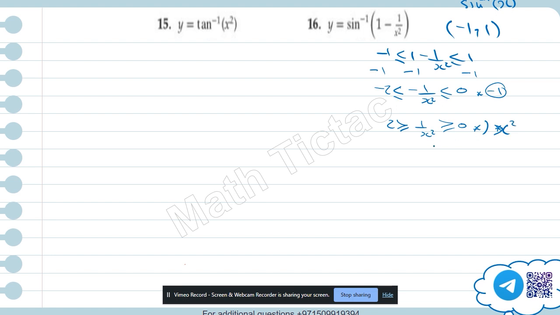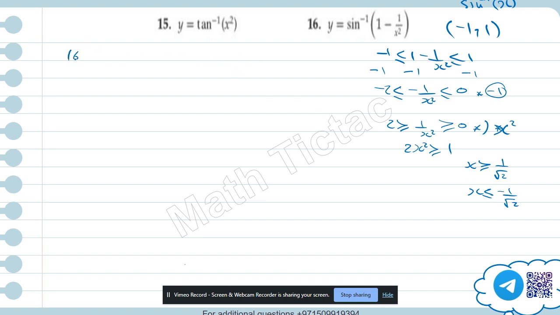That will give you x is greater than or equal to 1 over square root of 2, and x is less than or equal to -1 over square root of 2. So my domain for question 16 will be from minus infinity to -1 over square root of 2, closed, union with 1 over square root of 2 to infinity. Now we can start by finding f prime.